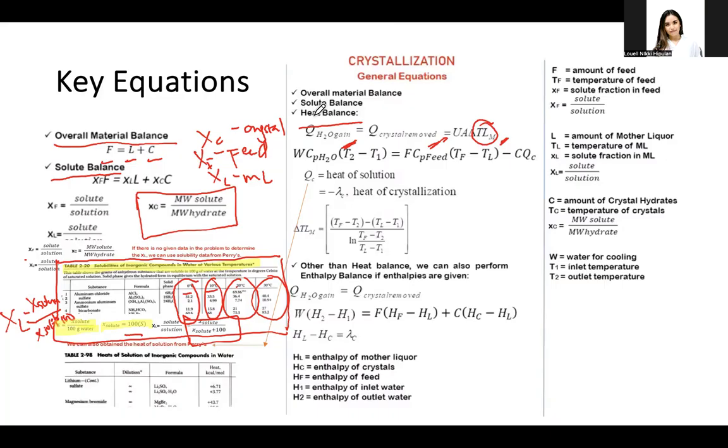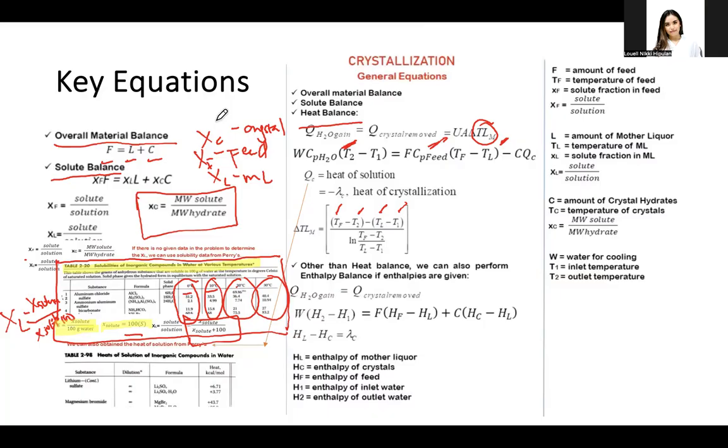Now, this log mean temperature, just like the concept in your heat exchanger, so your log mean temperature difference, or LMTD, it is equal to the difference of the temperature in your feed minus T sub 2, minus the temperature of your mother liquor minus T sub 1.